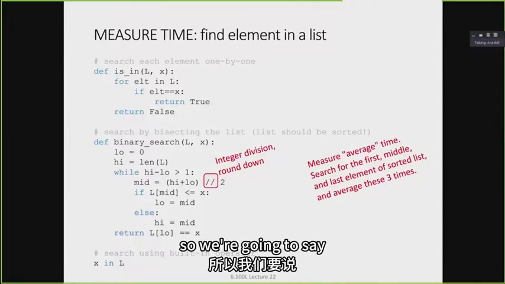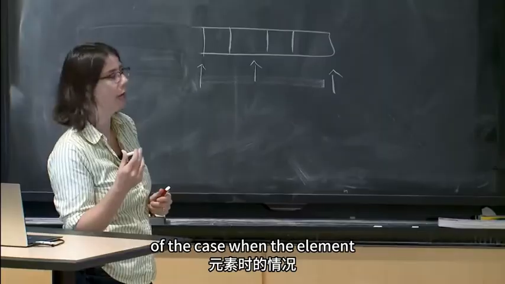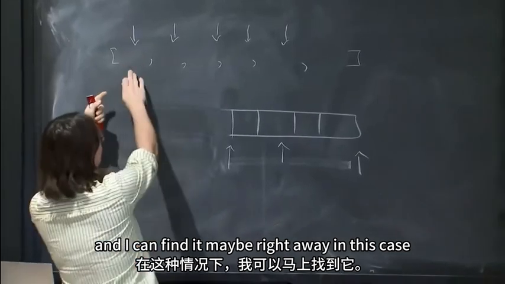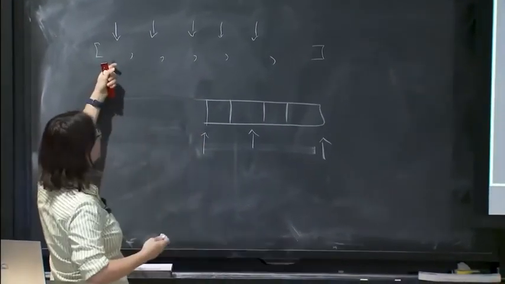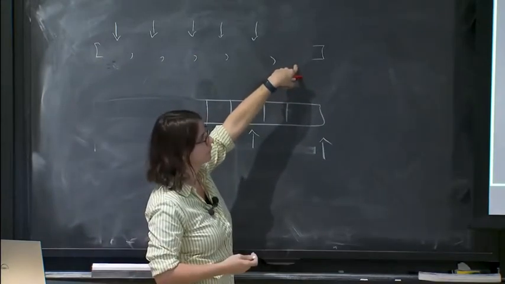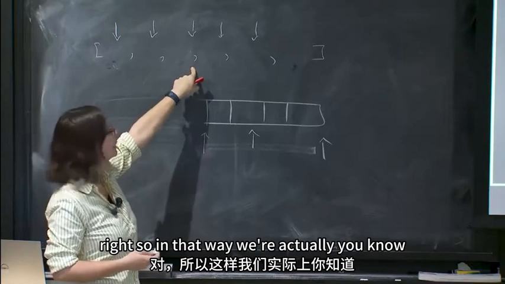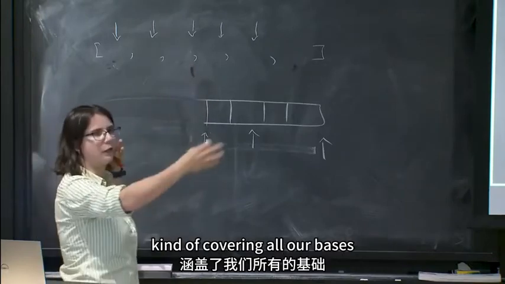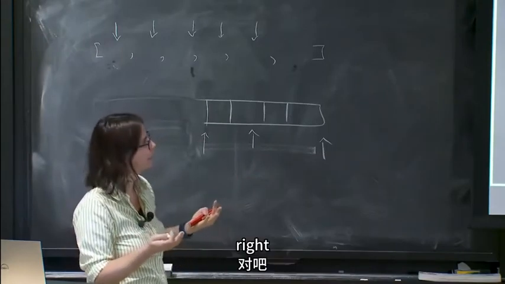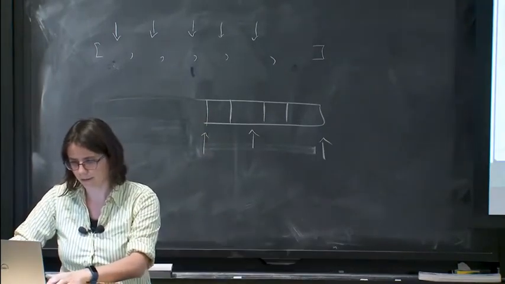When we're searching for an element in the list, I'm going to take the average of the case when the element is the first one in the list, plus when the element is the last one in the list, plus when the element is the middle one in my list. In that way, we're covering all our bases, best case, worst case, and medium case scenarios. So each one of these three functions will be run with that in mind.